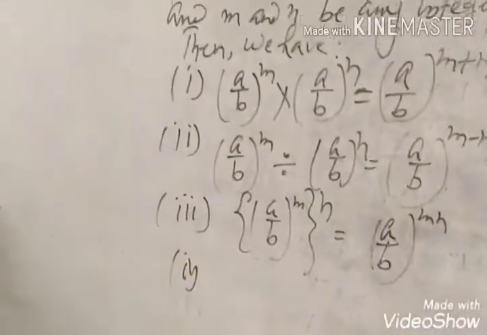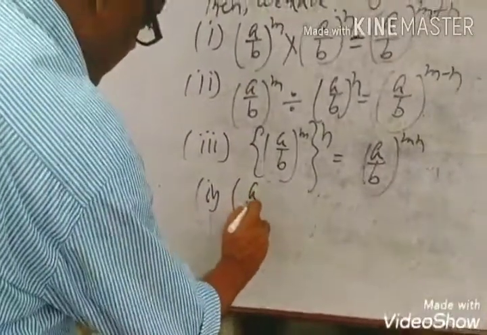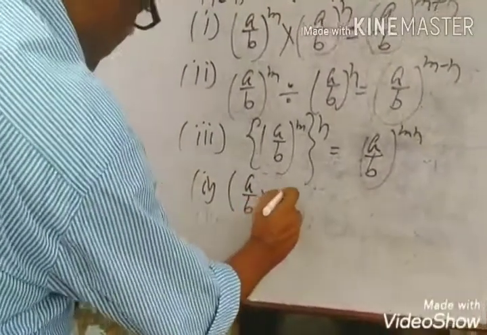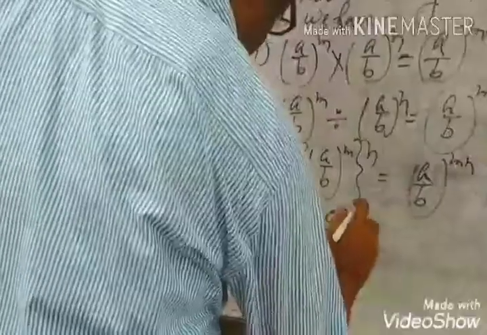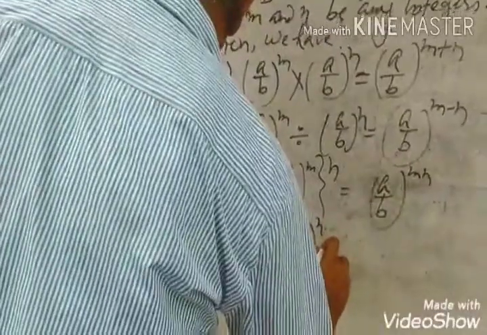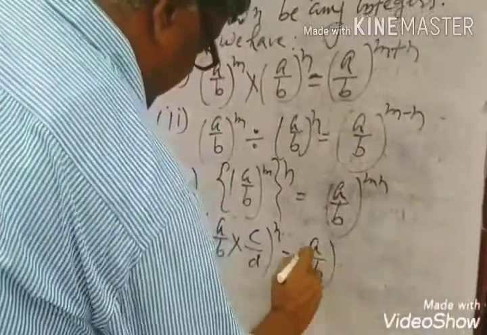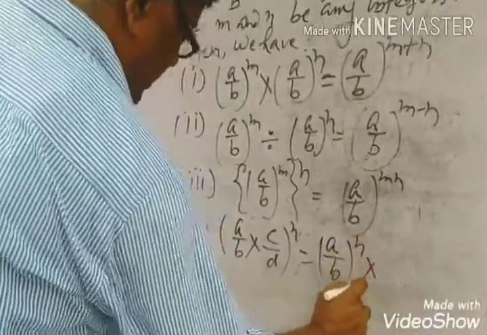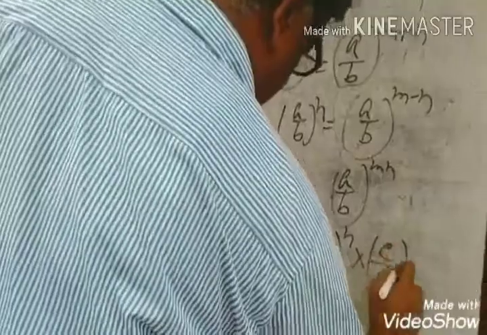Fourth law of exponent: (a/b into c/d) to the power n equals (a/b) to the power n into (c/d) to the power n.